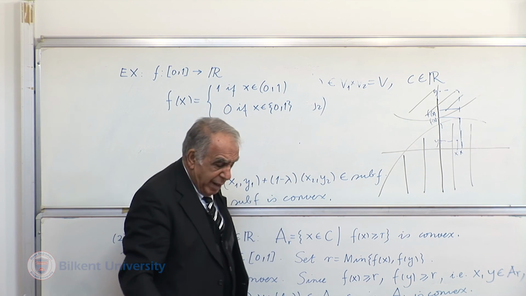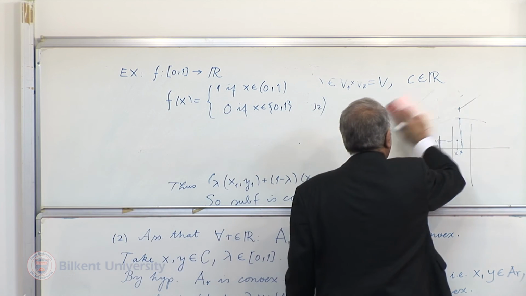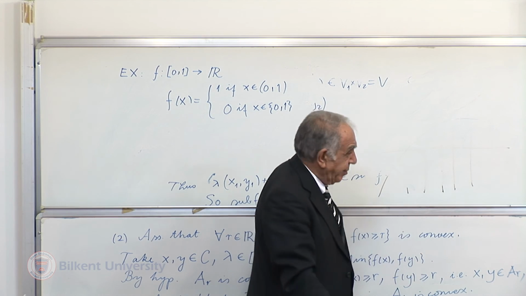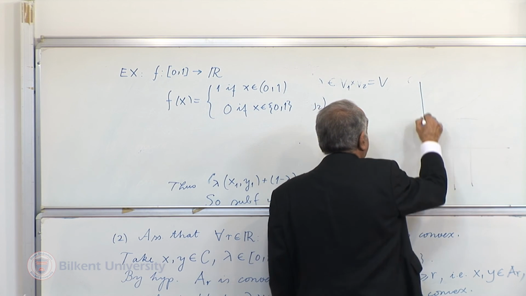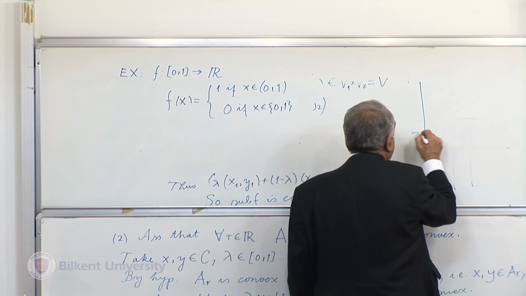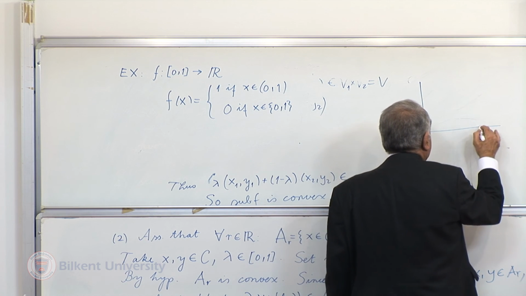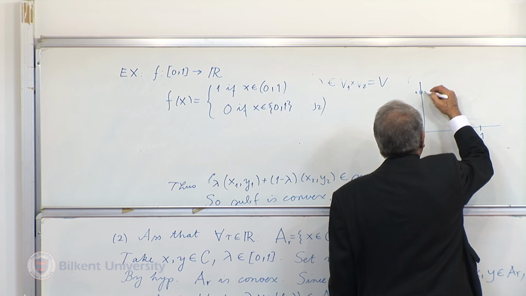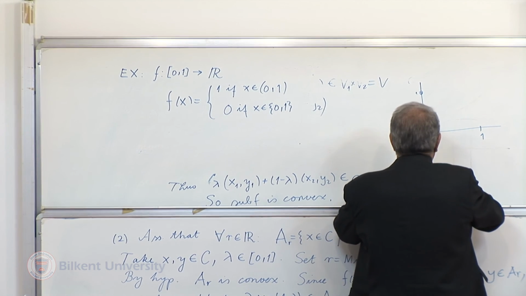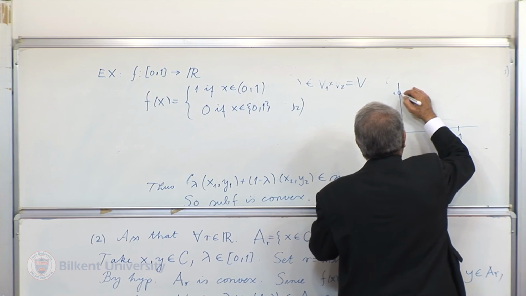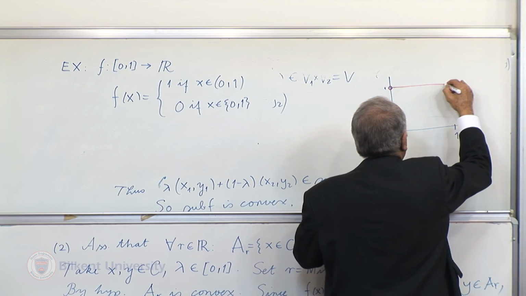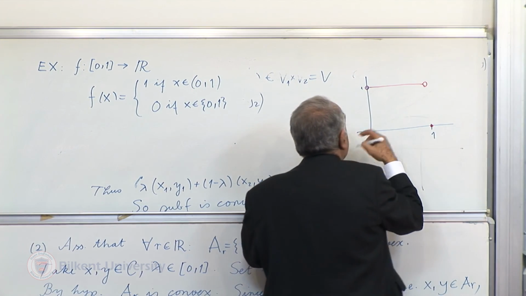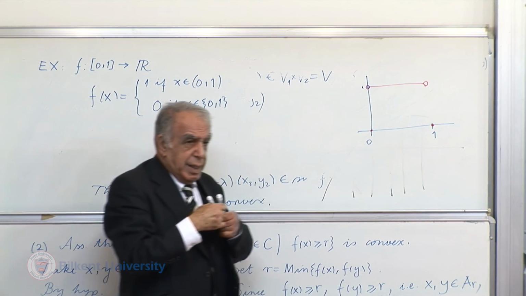That is, you have this graph. Let me draw it in red. But the value at 0 and 1 is this.